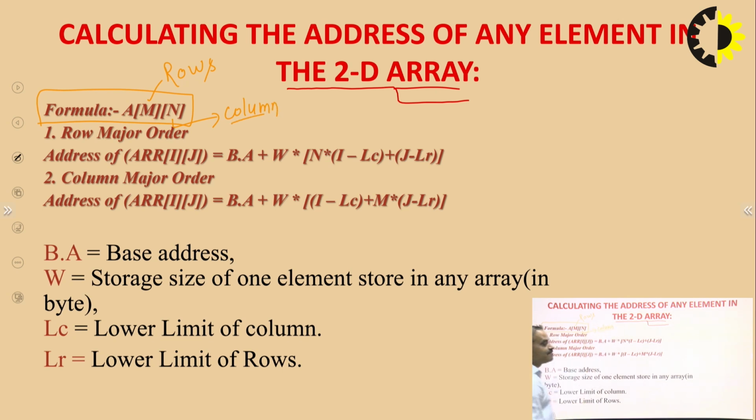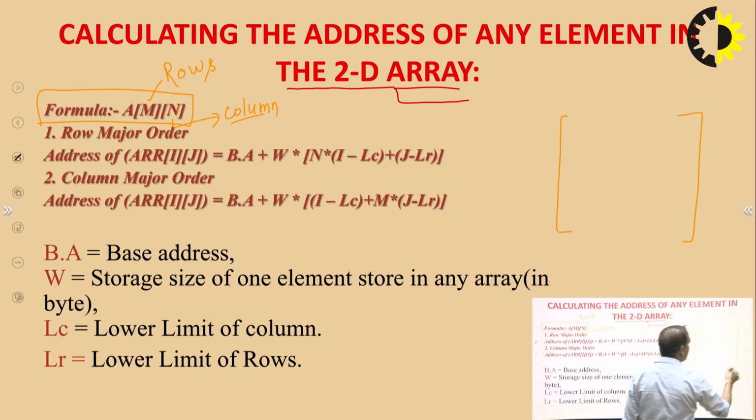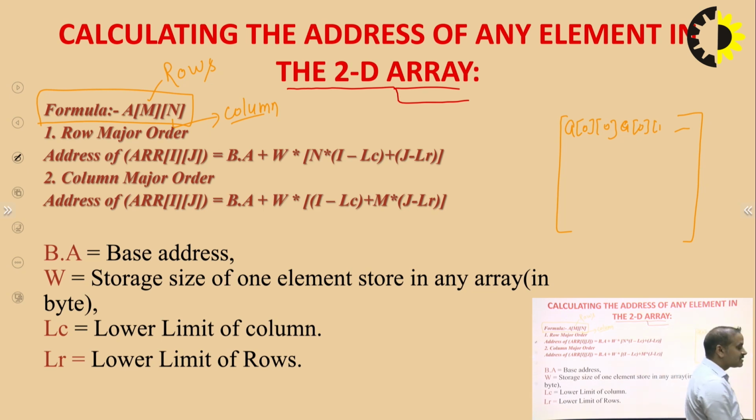This matrix is called a 2D array because we store data in the form of rows and columns. This location is A00, this one is A01, etc. By using this matrix, we calculate the address of elements.